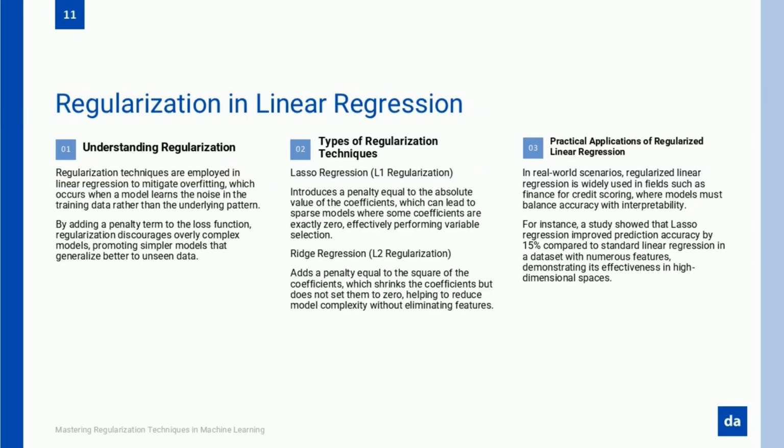Let's set the scene. Imagine you're working as a data scientist for a real estate company, and your job is to build a model that predicts house prices. You've collected tons of data: square footage, number of bedrooms, location, crime rates, school ratings, you name it. So you throw all of this into a linear regression model, hit train, and boom, you get a near perfect fit on your training data.